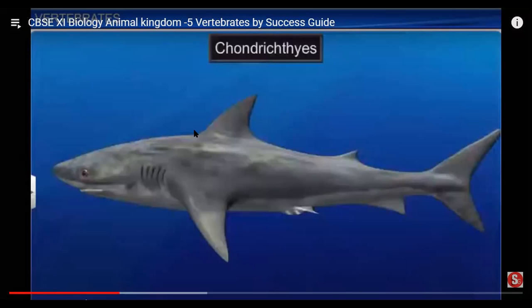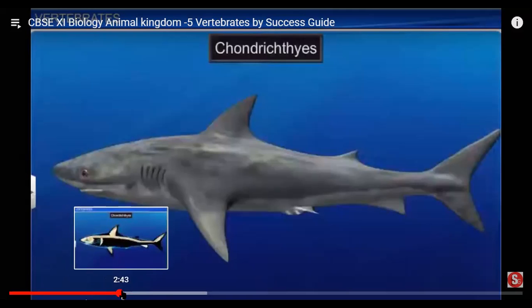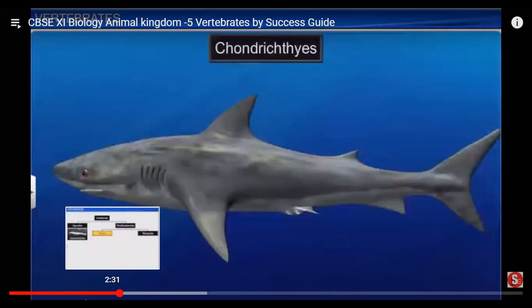Now we'll move ahead. Just a small idea I wanted to give you: we are learning the first class under subphylum Vertebrata. The phylum is Chordata, the subphylum is Vertebrata, and the superclass is Gnathostomata.